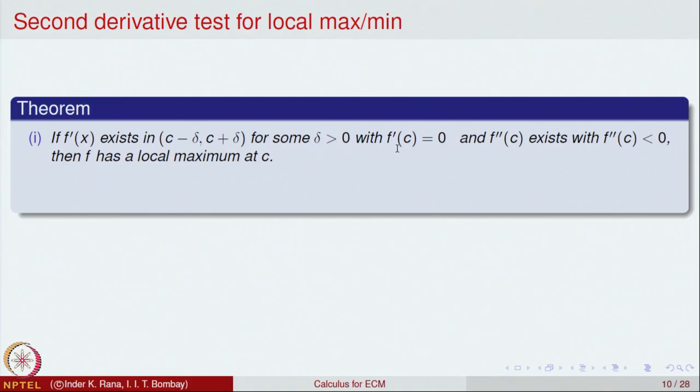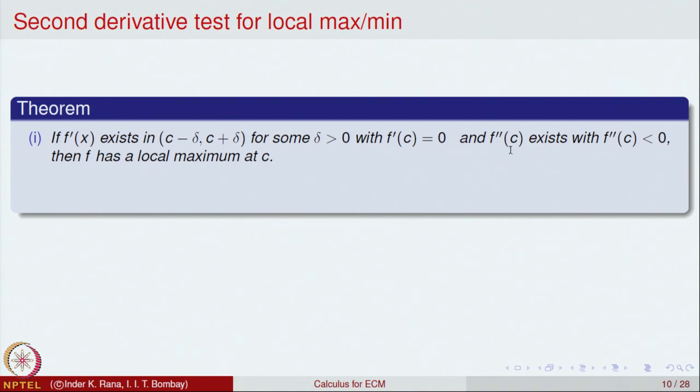The condition concerns the second derivative, the derivative of the first derivative of the function, because to analyze local maxima or minima, the necessary condition is anyway that the derivative at that point must be equal to 0. So first we have to ensure that the first derivative exists in a neighborhood of the point c, and at the point c the first derivative is 0.